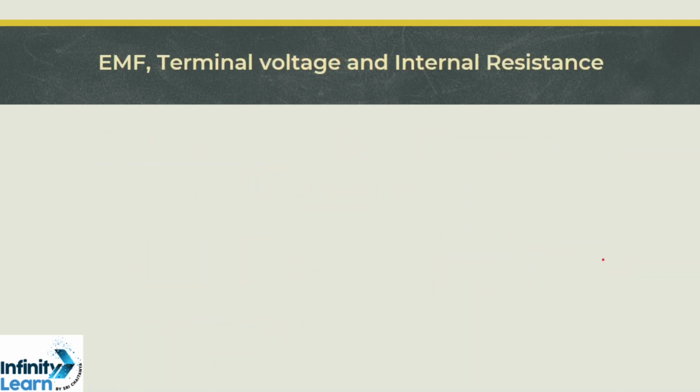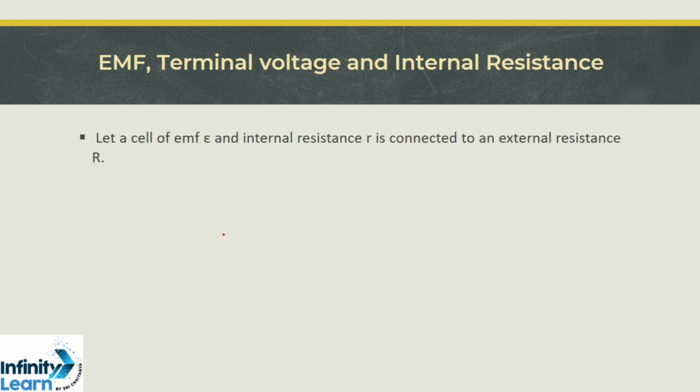Now let us go ahead and find out the relation between EMF, terminal voltage, and internal resistance. Let us consider a cell which has EMF, internal resistance r, and it is connected to an external resistance denoted by capital R. There will be a current set up in the external circuit.